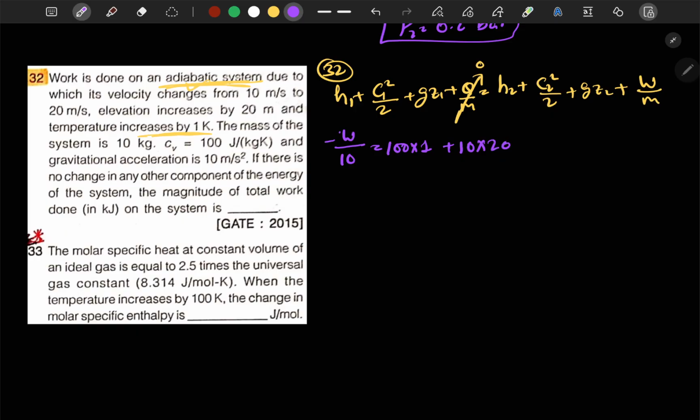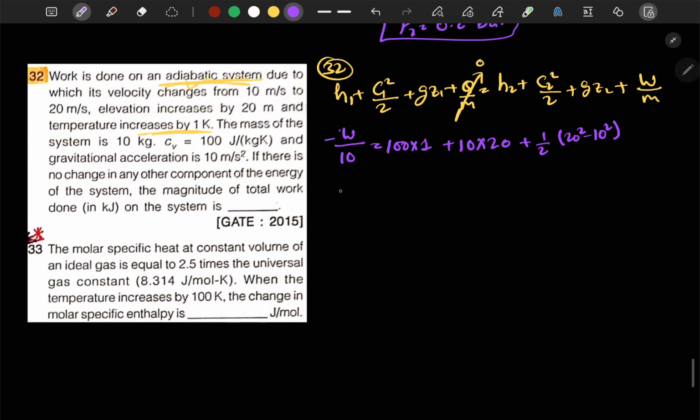Okay, now there is one more term left, that is the velocity factor. C2 is given as 20, so 1 by 2 of 20 square minus 10 square. So from this we get the value of work done to be minus 4500 joule, and we can write it as 4.5 kilojoule.